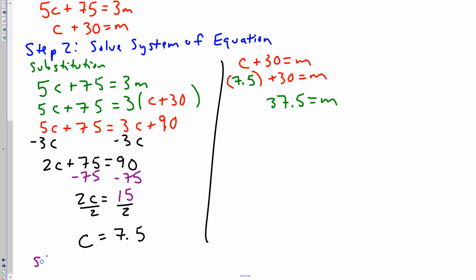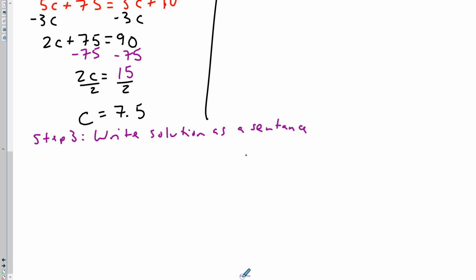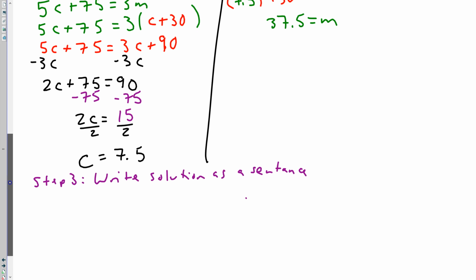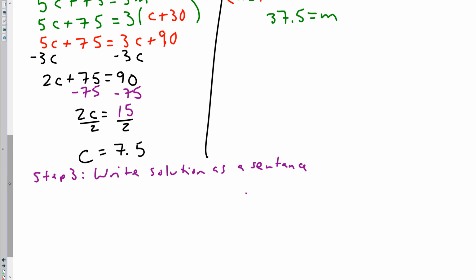Step 3, once we've solved the system, is to write our solution as a sentence. And that, again, is just to get our 2 values put in the context of the problem and with the appropriate units on them. So we had that C was 7.5 and M was 37.5.